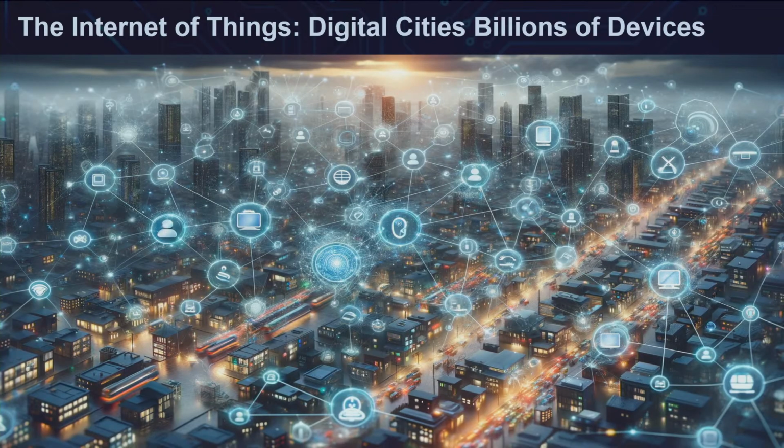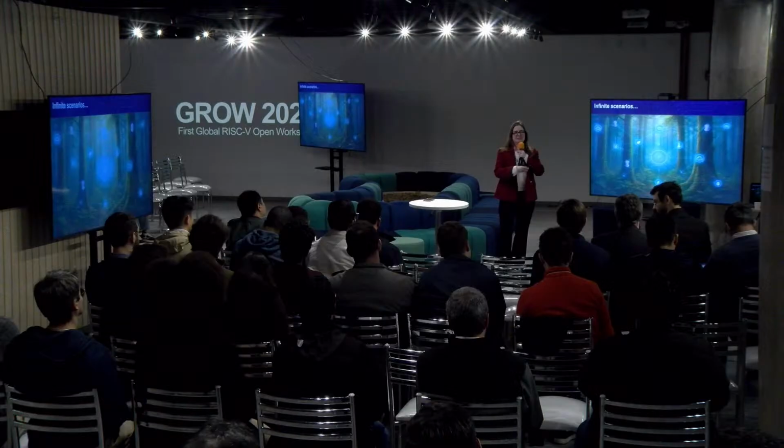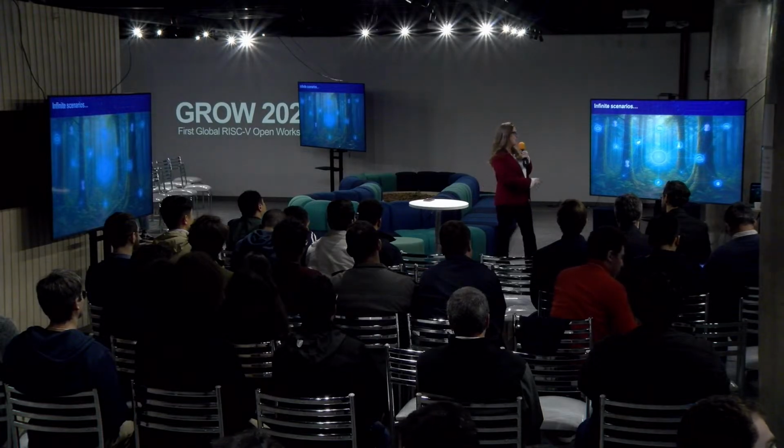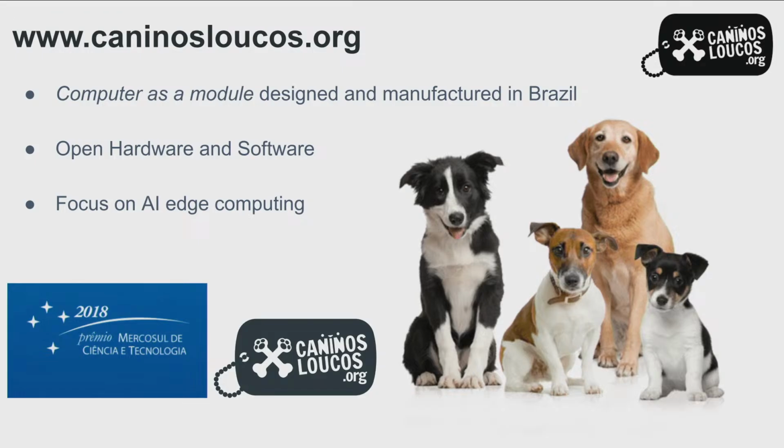So we have the Internet of Things, billions of devices communicating, and all of them with computers. Not just in the city, but in the forest, in the industry, agriculture. And thinking about this reality, we came out with this program, Caninos Locus. The idea is to have a Brazilian computer as a module.